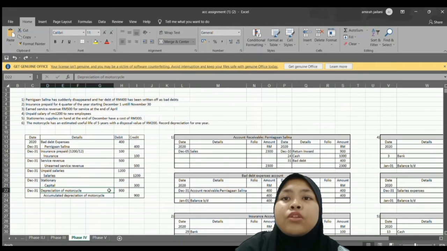So what we are going to do is we need to know the exact amount of our motorcycle. So the amount of our motorcycle is 4,700. We need to minus 200 and divide by 5 years, so we will get 900.